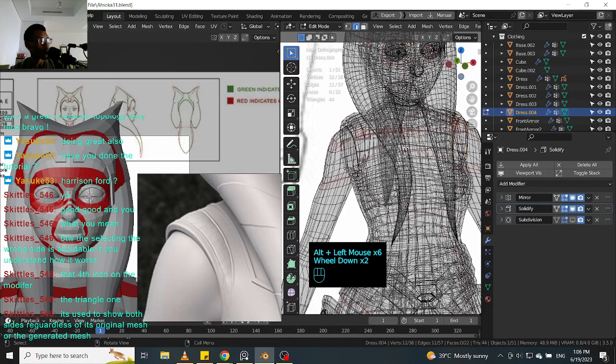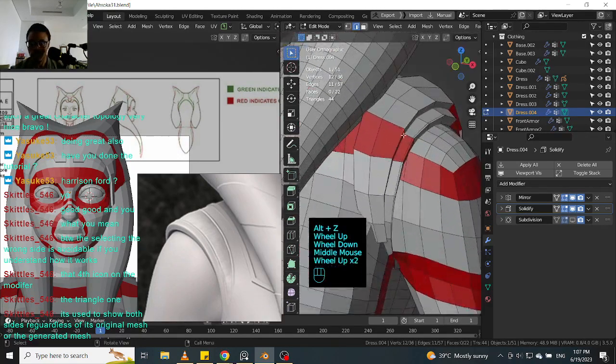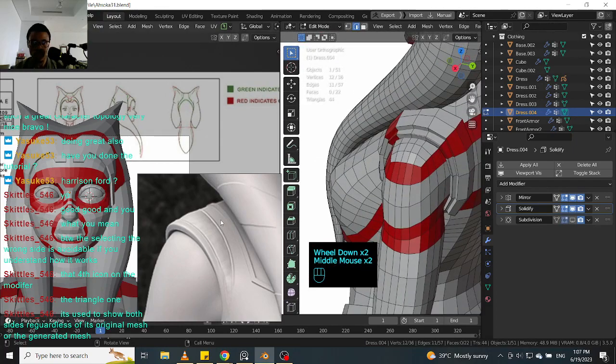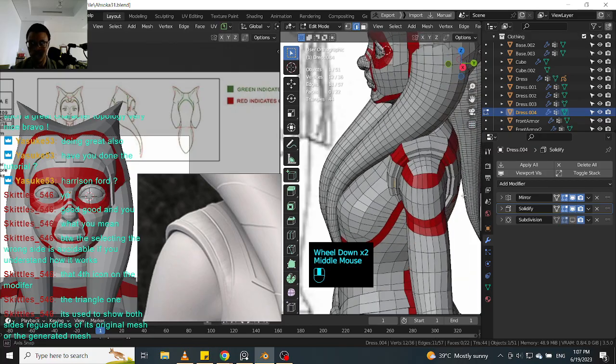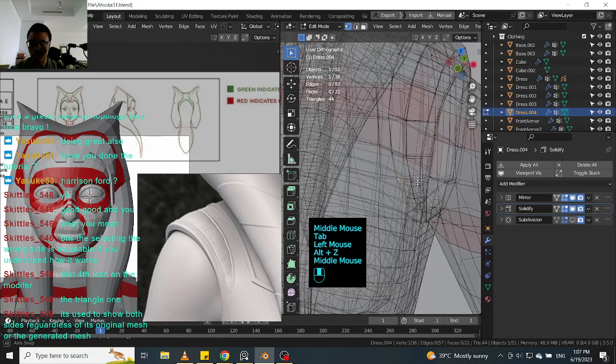It's used to show both sides regardless of its original mesh or generated mesh. Yes, that explains why I was getting that problem.